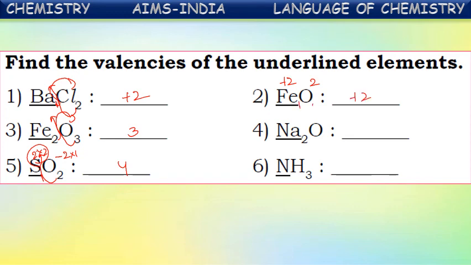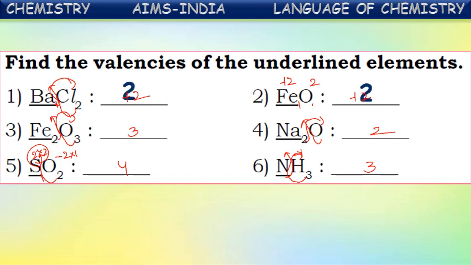Iron shows +2 here. Whereas in Na2O, crisscross, this oxygen 2 comes here. Sodium is +1. Oxygen is 2. NH3. We know that hydrogen is 1. So obviously nitrogen, crisscross, means 3 is to be here. So N is 3. Like that we have to find the valencies for the underlined elements.